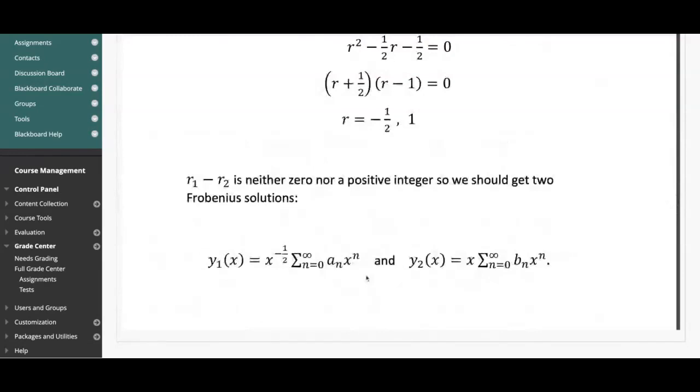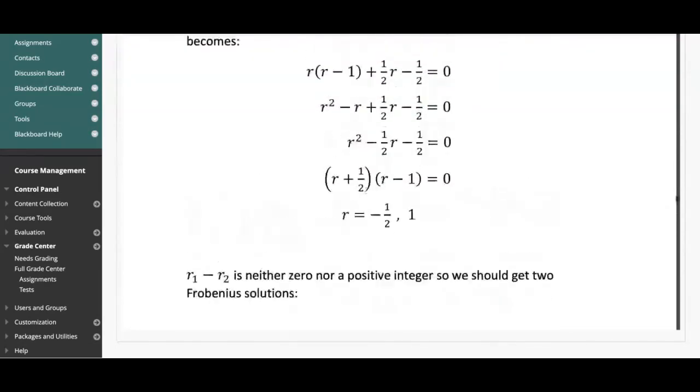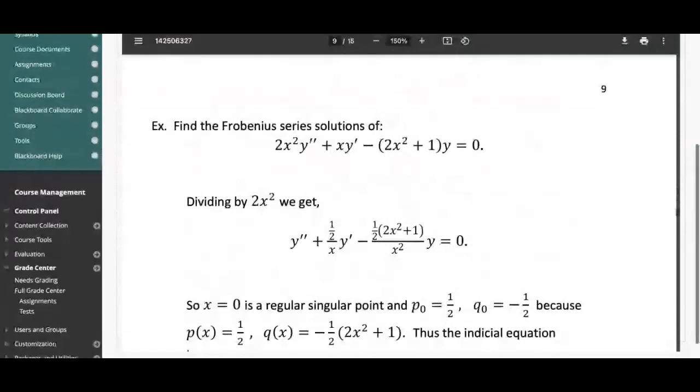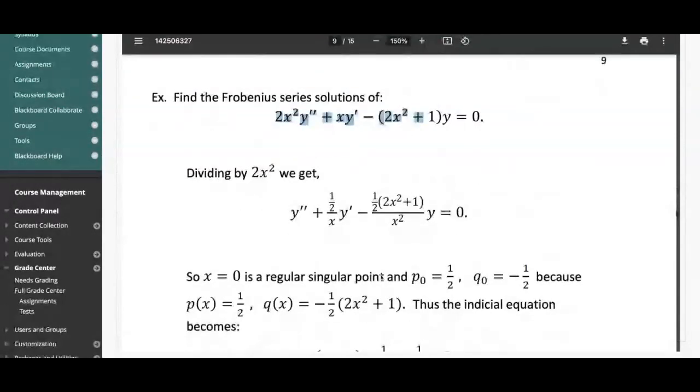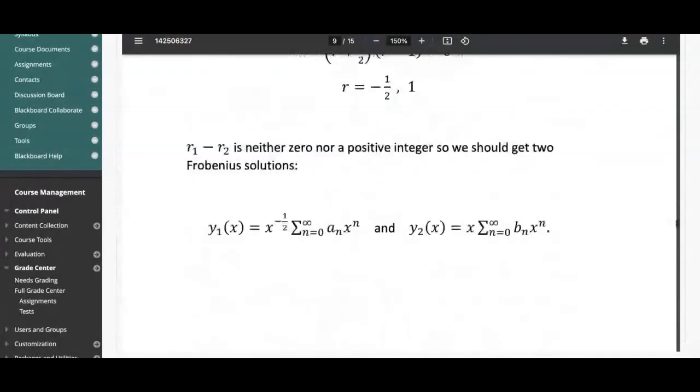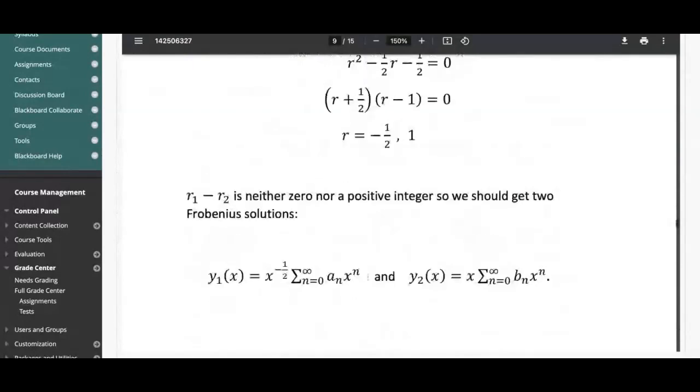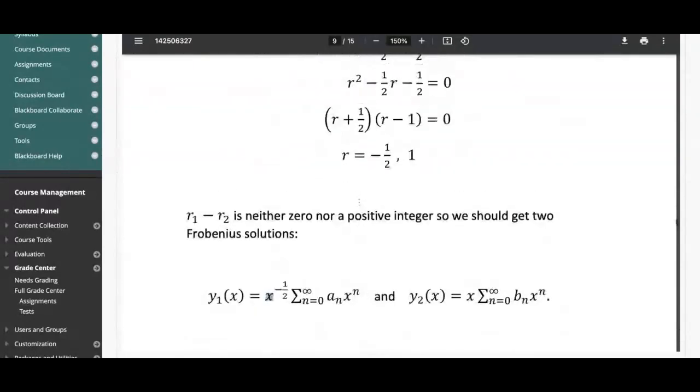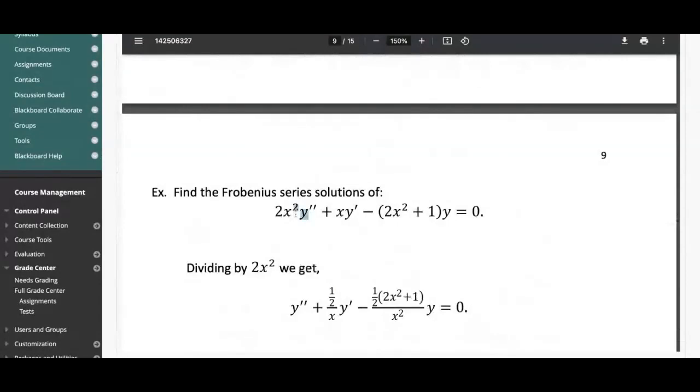Oh, hold on one second. You're talking about finding this AN, this BN, right? And we didn't finish yet. Okay, you see, when this is a solution, what do we do? We find y prime, y double prime, plugging back into this to find AN.